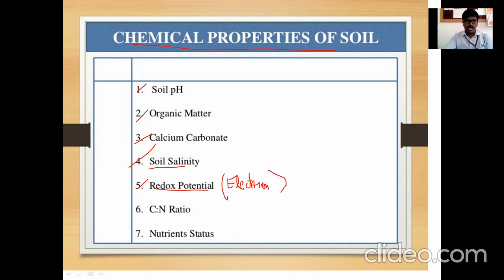And later on, the C:N ratio is nothing but the carbon nitrogen ratio. And later on, nutrient status. Nutrient status is nothing but the soil beneath the roots or beneath the plant usually consists of nutrients. They are nutrient rich, I can say.